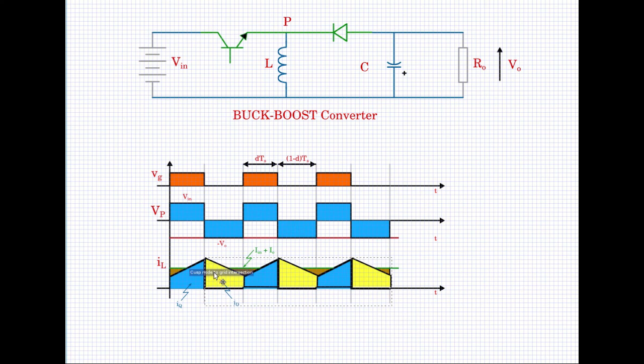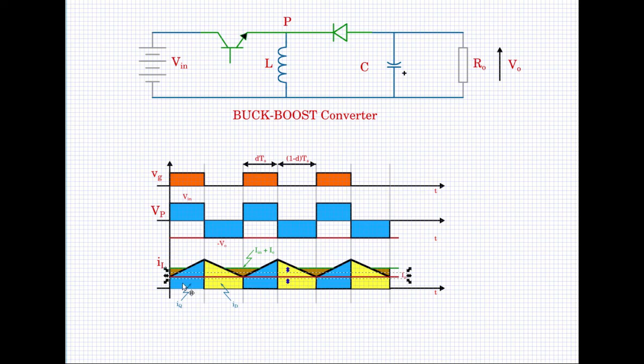And for the diode current, the current that flows through the diode, let us position it like this. The yellow part is the current that flows through the diode, and the average of the diode current is the I naught value. Like in the earlier case, I could show that the average of the diode current is I naught, just like in the case of the boost converter.